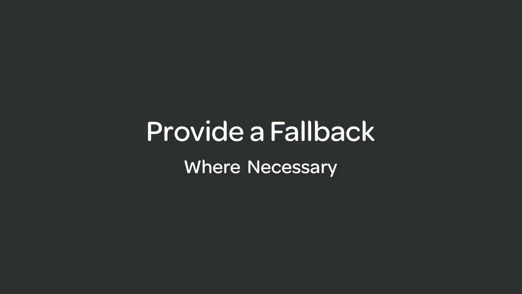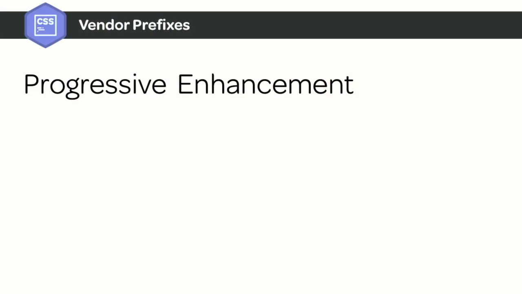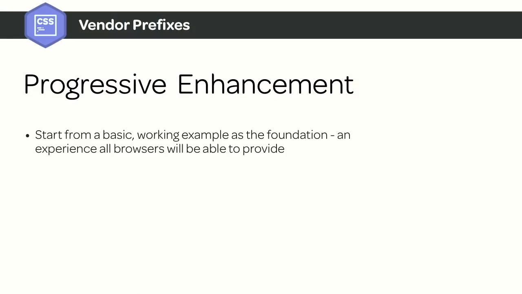So next, if it's necessary, we'll need to provide a fallback method for some of these CSS3 features. Because first, we'll need to always develop with progressive enhancement in mind. Now, with progressive enhancement, we start from a basic working example as our foundation. So it's an experience that all browsers will be able to provide to our users.